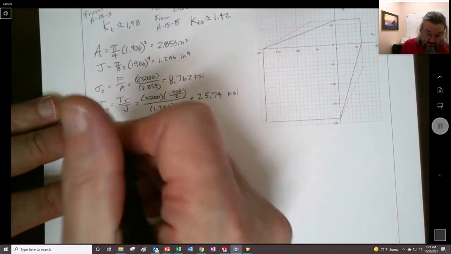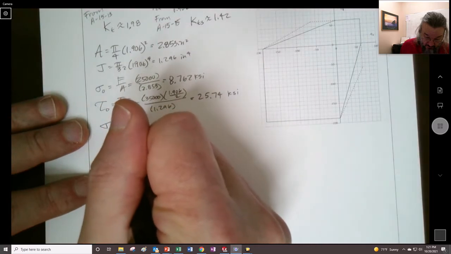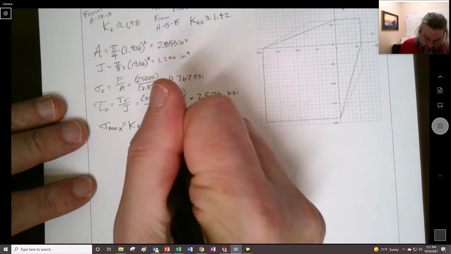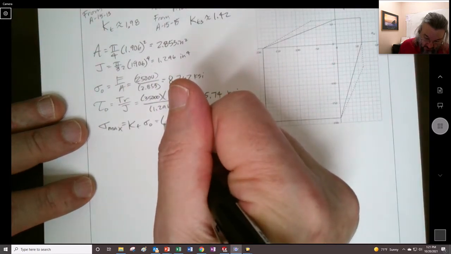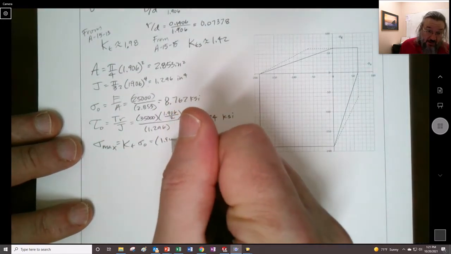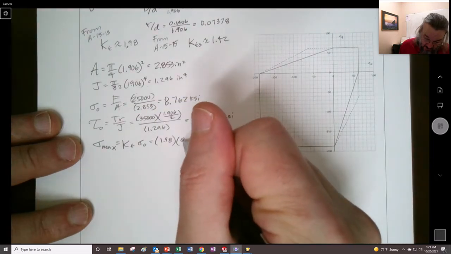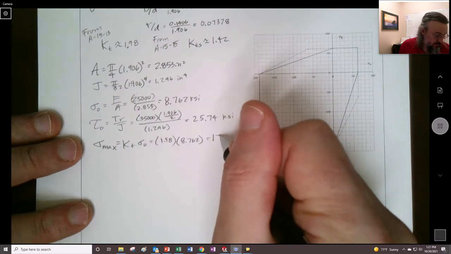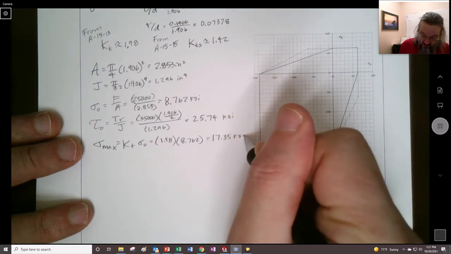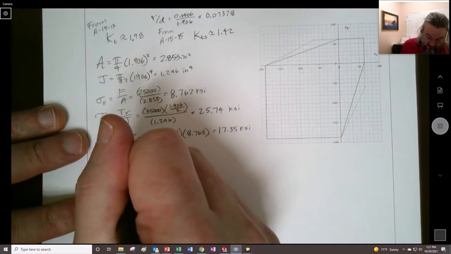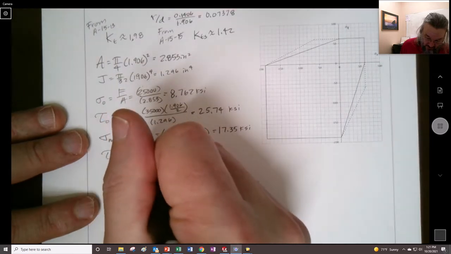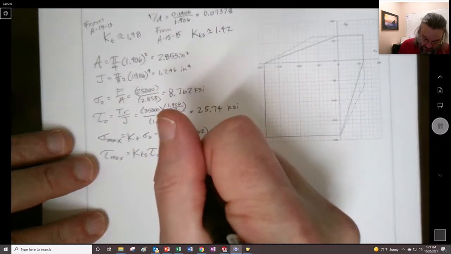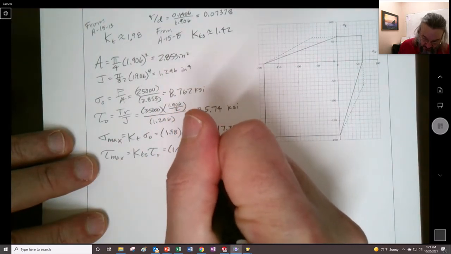So the maximum is just going to be the KT times the nominal, or 1.98 times our 8.762. We end up with 17.35 KSI. And then the tau max, this is not the absolute max, remind you. It's just the maximum due to the stress concentration, and that's going to be 1.42.